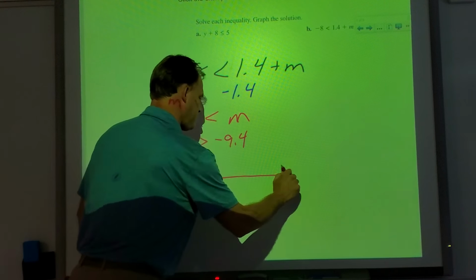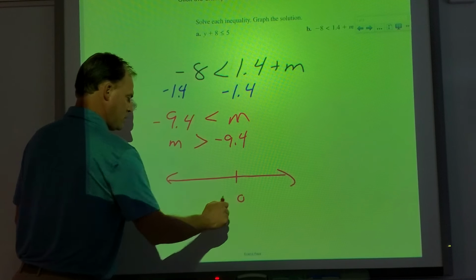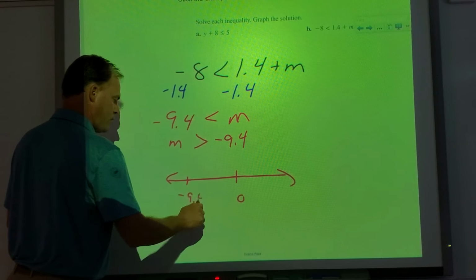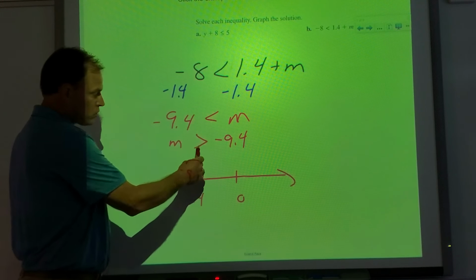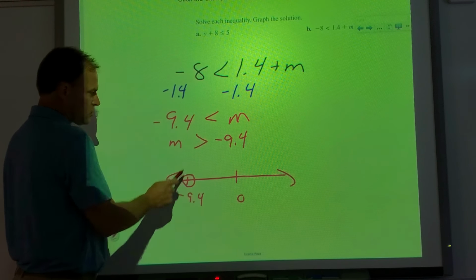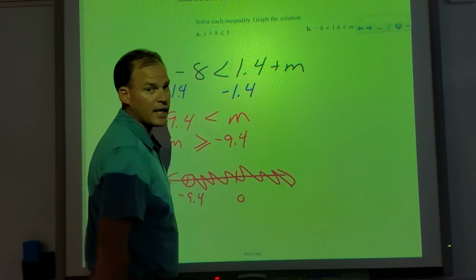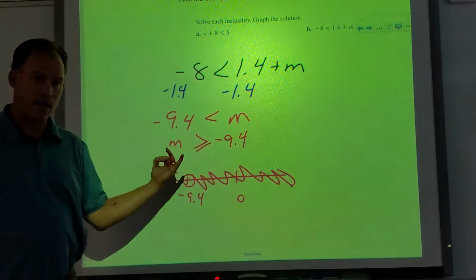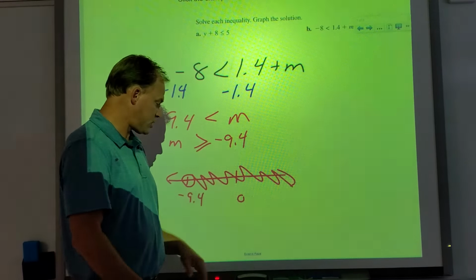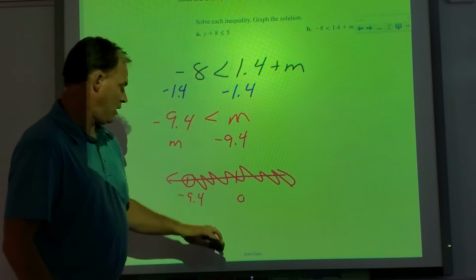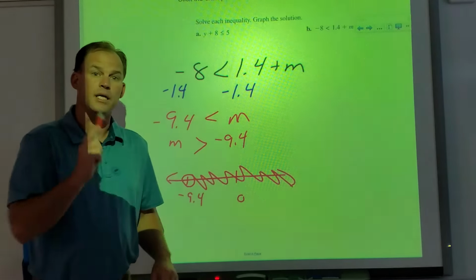Now, 0, negative 9.4. Open or closed? No line, open circle, pointing right, shading right. Turn it around to make it easier to understand the graph of the inequality.